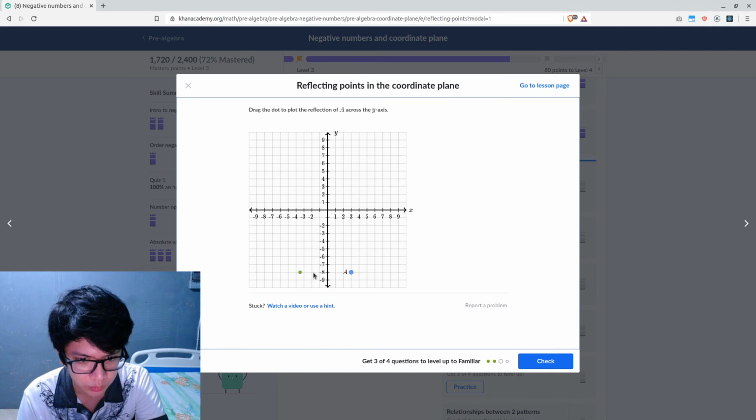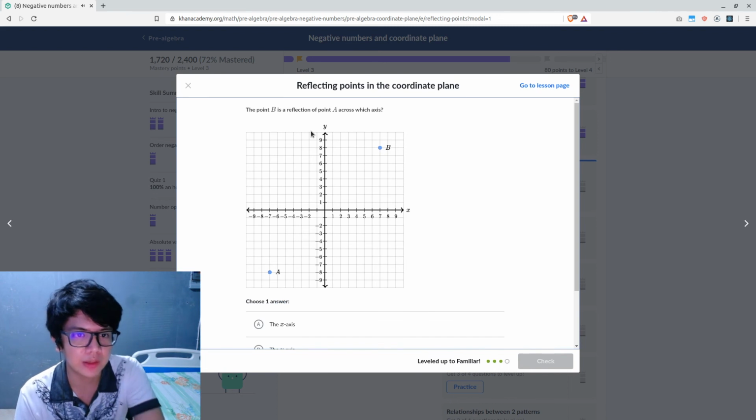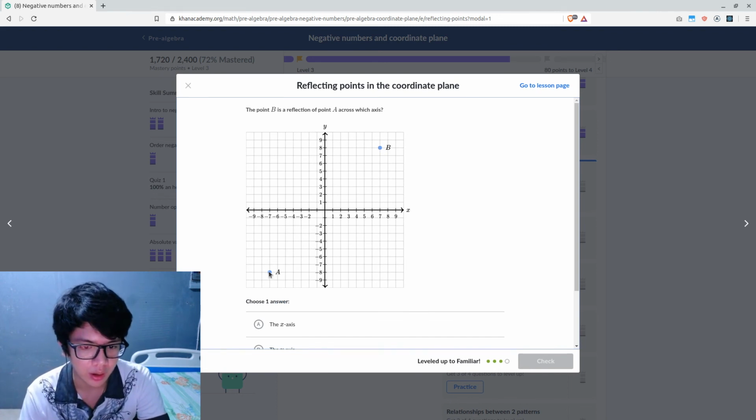So 1, 2, 3. 3 points. The point B is a reflection of point A across which axis? Okay, this is 8. So this should be 8 as well. And this is 7, should be 7 as well.